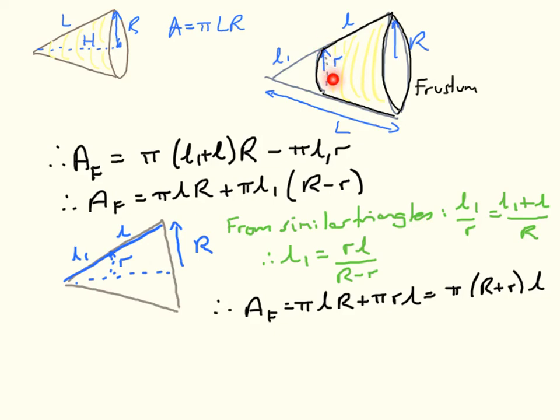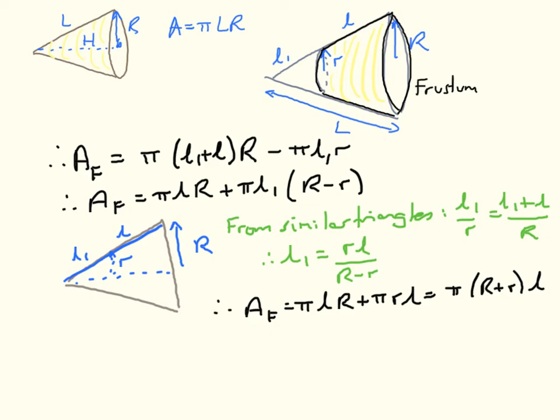The radius of the top, the radius of the base, and the length of the side little l. However, it is also possible to write this formula in a different way, which is also sometimes useful, and to finish this video, that's what I want to do.